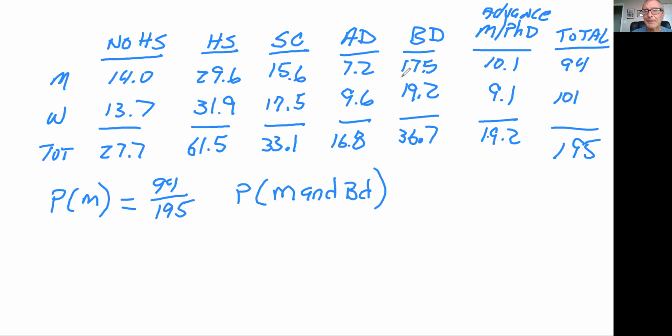Well, you could see that the combination of both of those would be 17.5. And again, the total number of people is 195. And remember, everything's in millions, so I'm just going to leave the millions off. You see that when you do the ratio, the millions would cancel anyways. And so that's just about 9% if you got your calculator out and did that calculation.